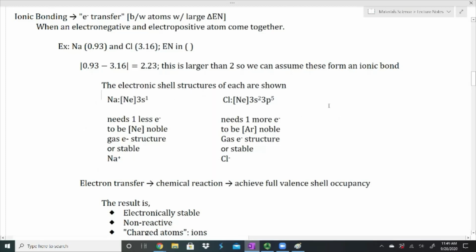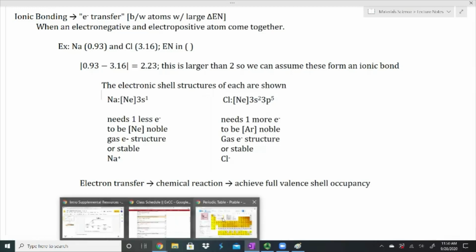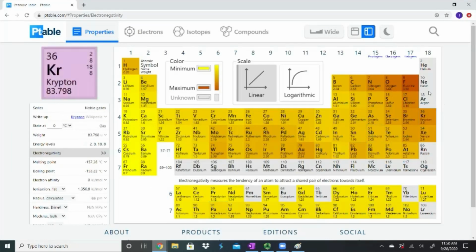Chlorine, on the other hand, has the electron valence structure of neon, plus we have some more electrons. And so again, going to the periodic table, we have neon here. That's the last time that we had a full valence shell. We added 1 electron. We add 2, 3, 4, 5, 6, and 7.